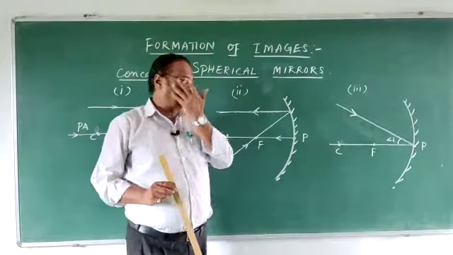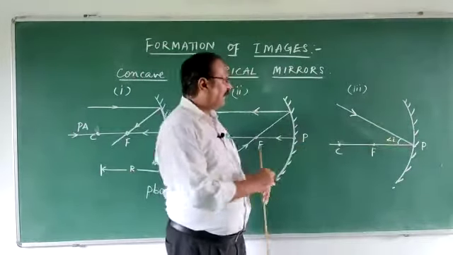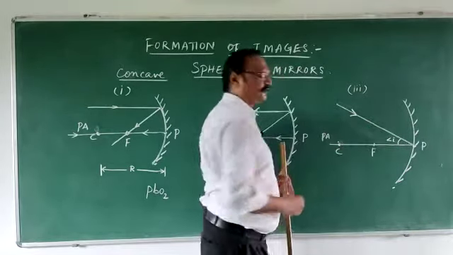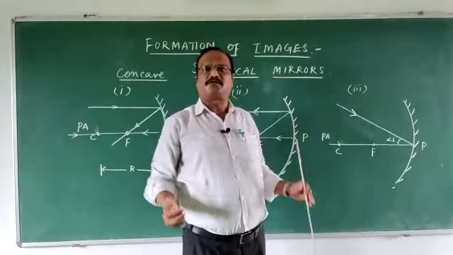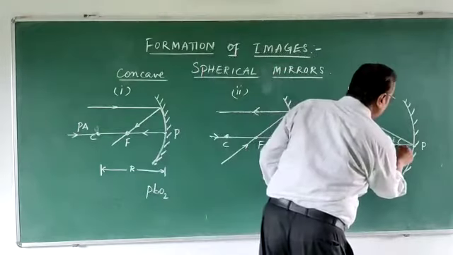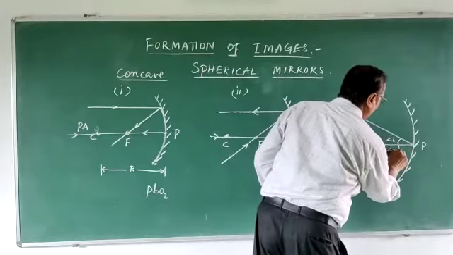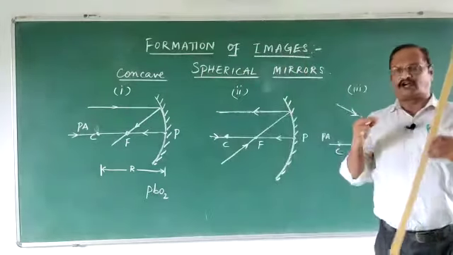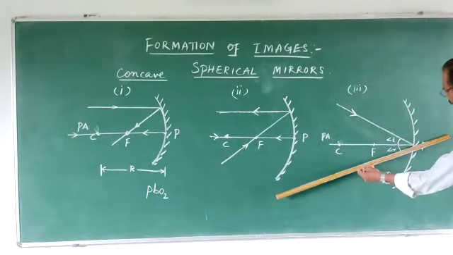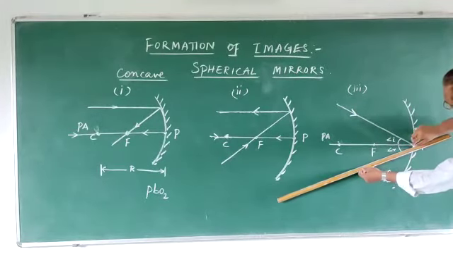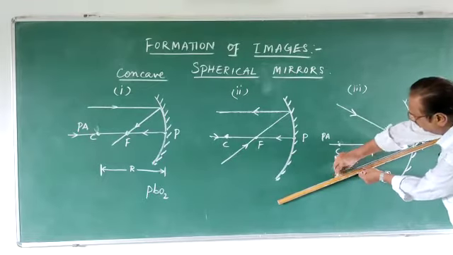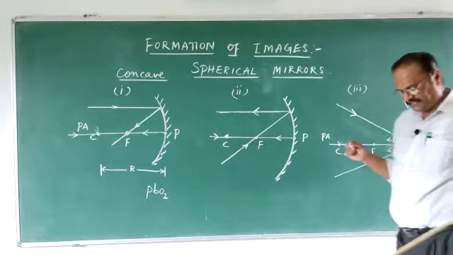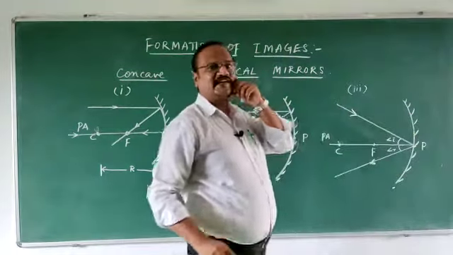It is the angle between the normal and the incident ray. This is the principal axis and this is the normal at the point. Now the law of reflection says the angle of incidence is equal to the angle of reflection. Taking that angle, I draw the reflected ray, which is going to be something like this, right? So I can use these three types of rays for forming the image.